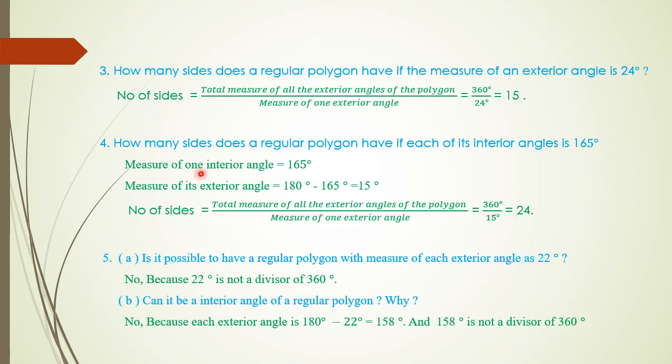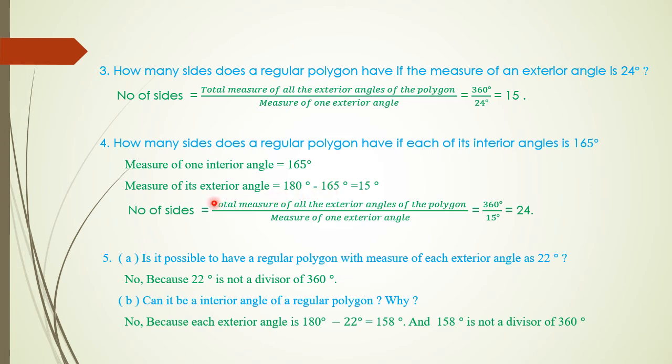Steps are: measure of one interior angle is equal to 165 degree. So measure of its exterior angle is equal to 180 degree minus 165 degree is equal to 15 degree. Children, here we use this step because exterior angle and interior angle make a linear pair. So if we have got interior angle, for finding the exterior angle we have to subtract the given interior angle from 180 degree.